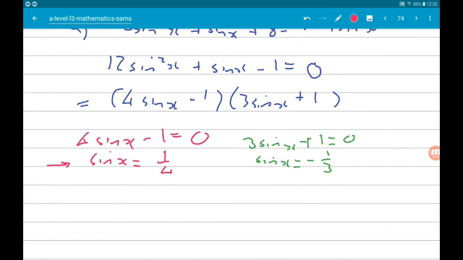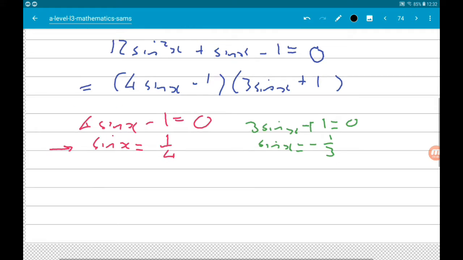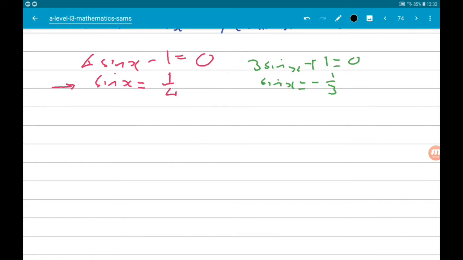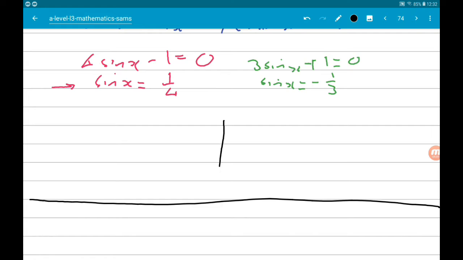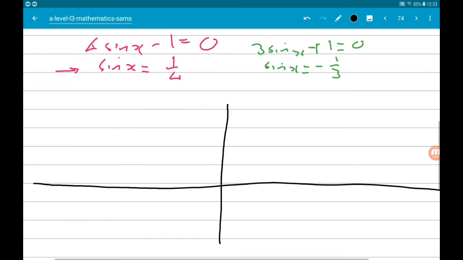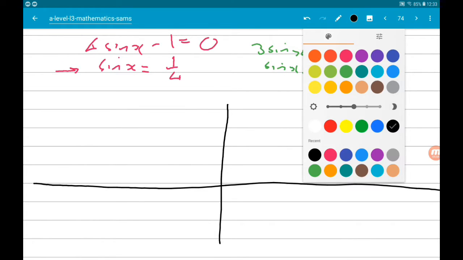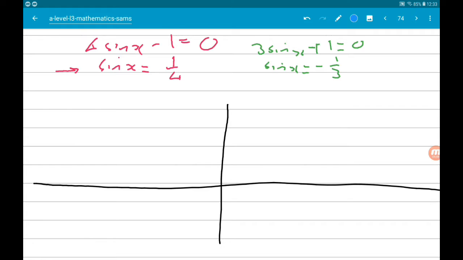So I'm gonna draw a sketch of sine of x. Okay, so we're in the interval minus 180 to 180.